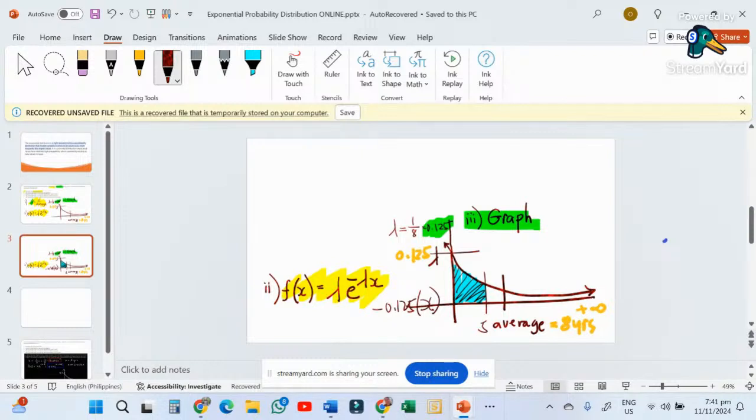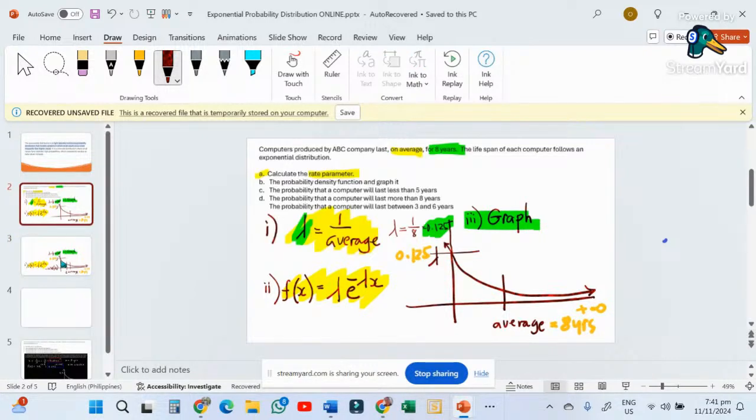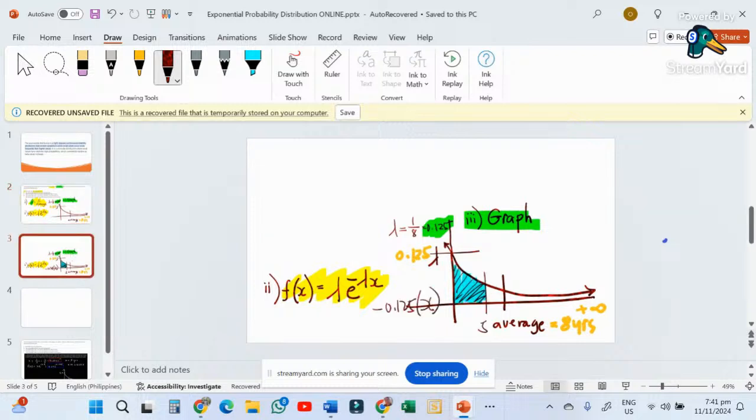So we need to get what again? What's the probability that the lifespan of the computer will last less than 5 years. We cannot neglect the other part of the graph.